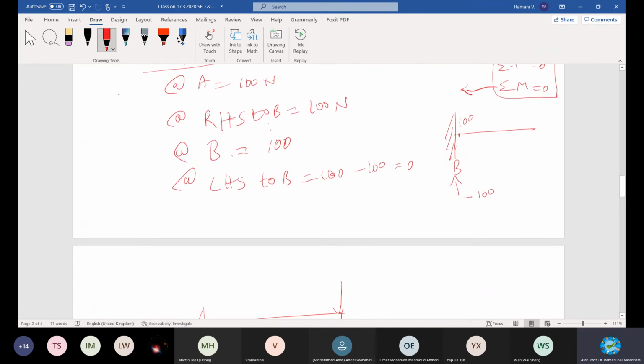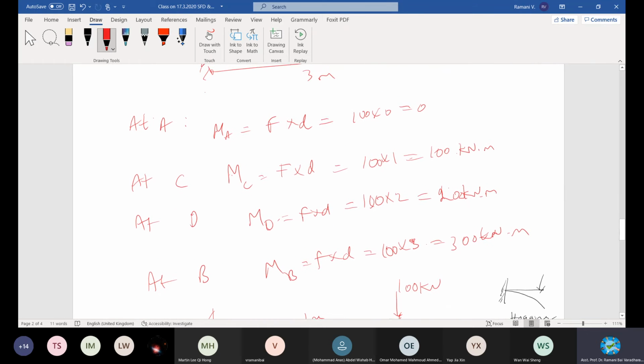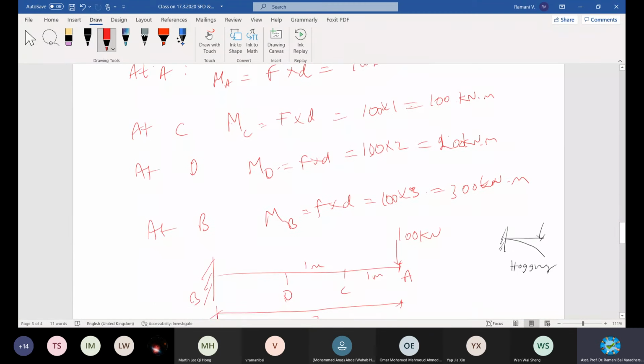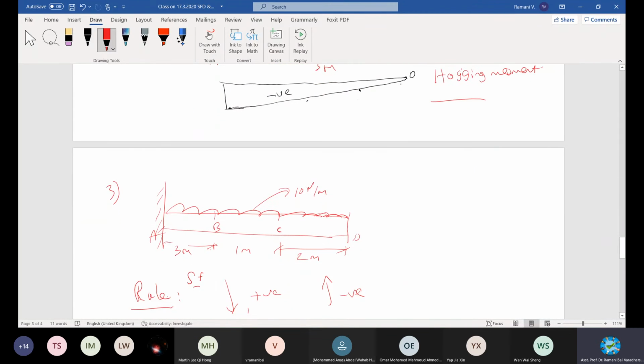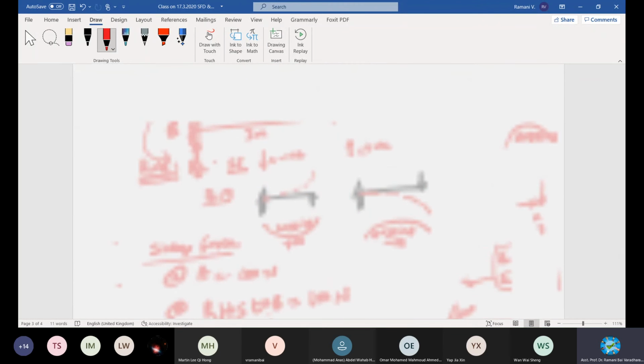So when you mark here, the moment will be, where is the moment? Oh, I already solved here. Okay, go here. Positive or negative moment? We just now solved for the moment.